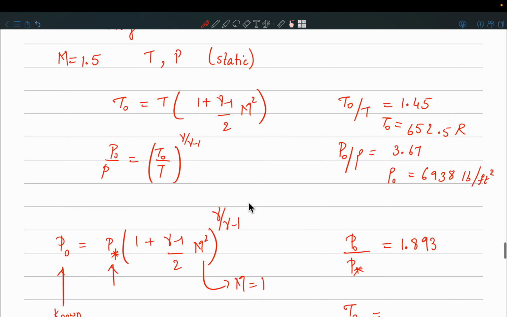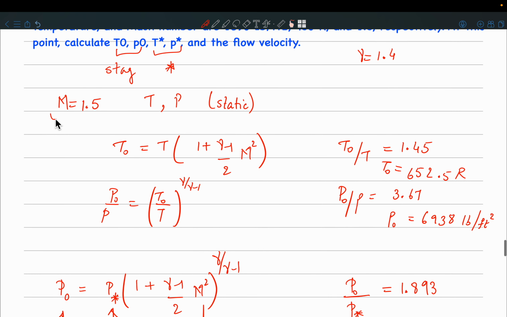So in the top, see what was given to me. This is the actual Mach number of the flow, right? Over here first we used Mach as 1.5. We know the static quantity, so we found the stagnation quantity.